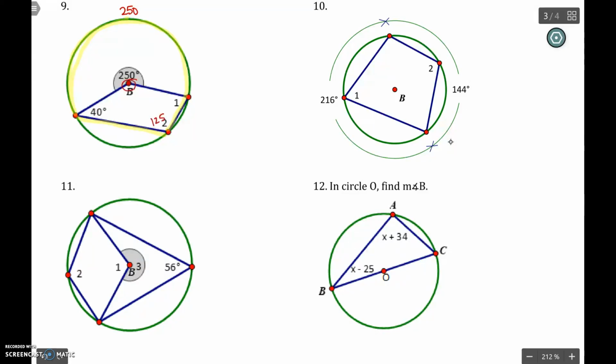I also have this 360 degrees in here, so 360 minus 250 would get me 110. And then because a quadrilateral adds to 360, if you can remember from earlier in the year, I can take the 360 and subtract the 110, the 40, and the 125, and I would be left with 85 degrees for angle 1.